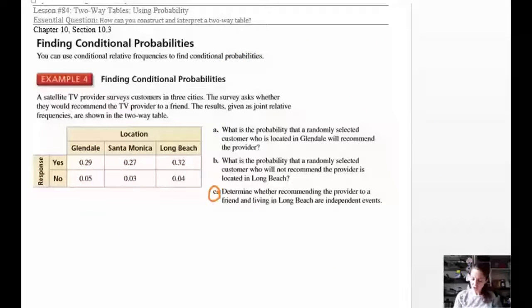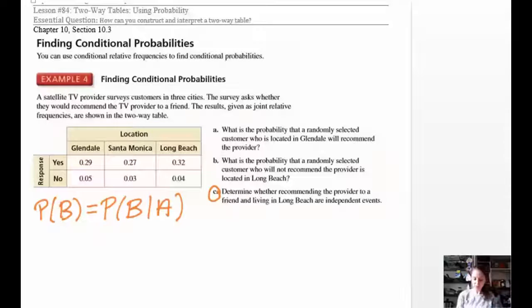C. Determine whether recommending the provider to a friend and living in Long Beach are independent events. Before we can answer that, we need to know the key formula involving the probability of an event B and the probability of event B given A. We're going to be comparing the two probabilities here. If the probability of event B happening is the same as the probability of event B happening given that A has happened, then they're independent events.